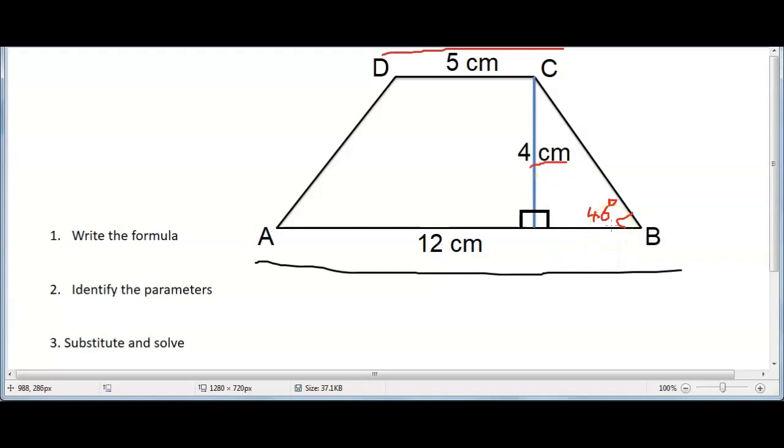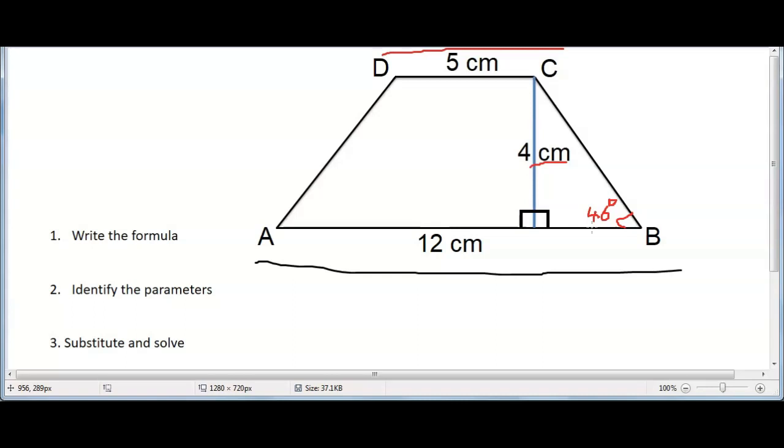So in a trapezium, the parameters that need to be defined are the two parallel sides, which are DC and AB, then the height, which is BC, and the angle, which is 46 degrees. So the formula in this case is the formula for calculating the area of a trapezium.